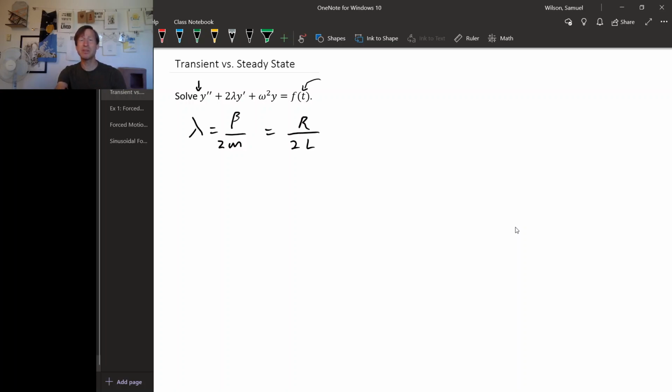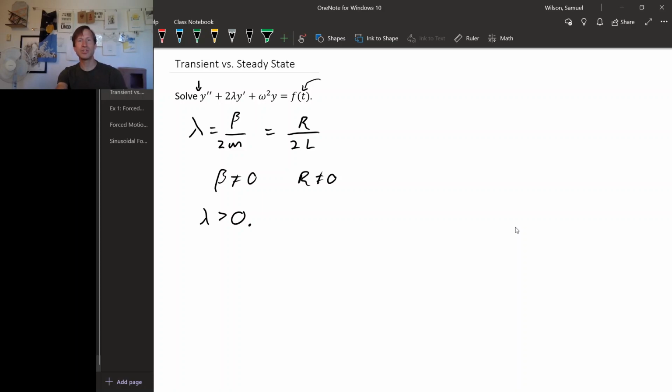In applications, beta represents friction, and so beta is never exactly 0. And in a circuit, even if you don't put a resistor in there, even the wires that you connect things with have a little bit of resistance, and so resistance is never actually 0. So as a result, lambda is always positive in applications, in actual physical systems.